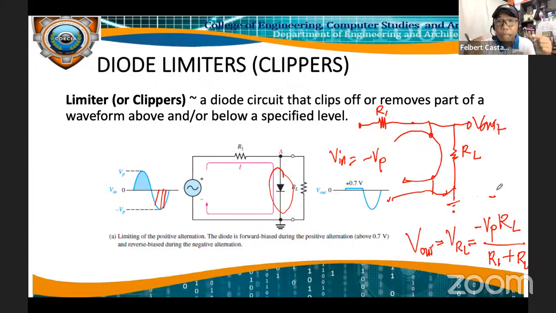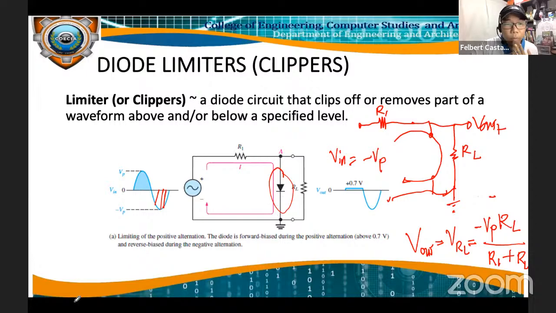Ganun di ba kapag series yung connection natin? Tulad nito, R sub 1 is in series with R sub L. Yan. So yung sum ng voltages nila is equal to the input voltage, itong negative VP. Nakuha po ba? So isang current lang yung dumadaloy dyan kapag series yung connection.